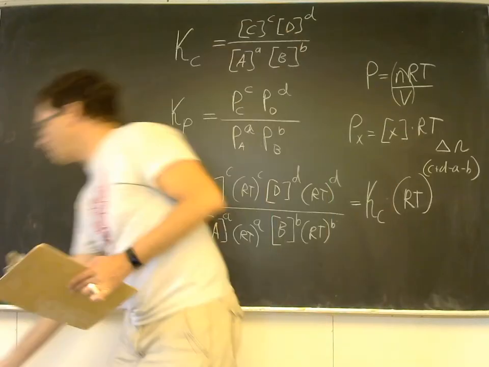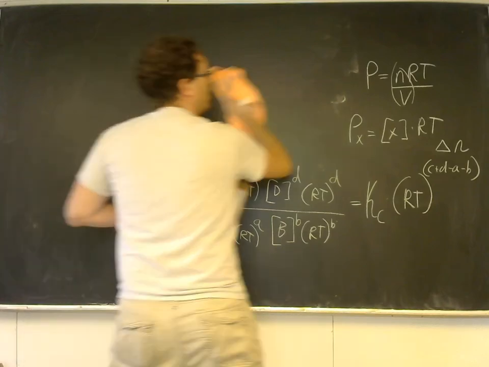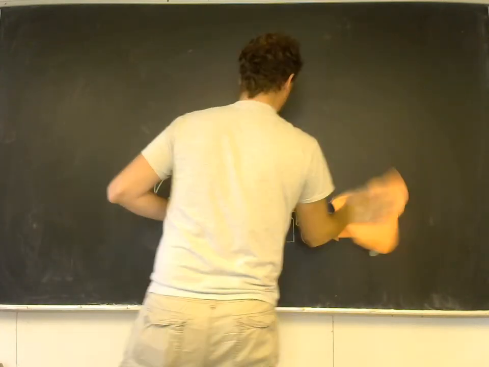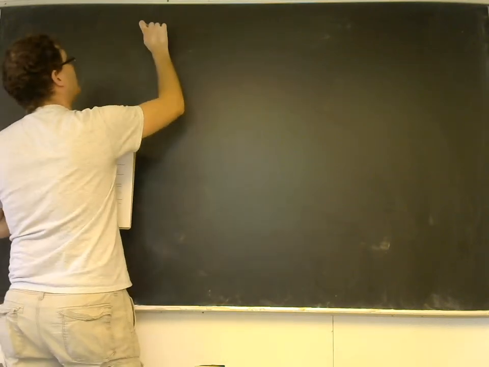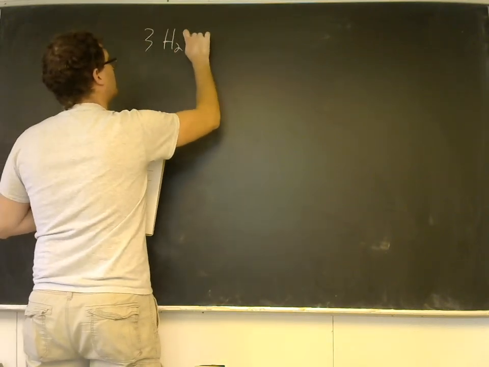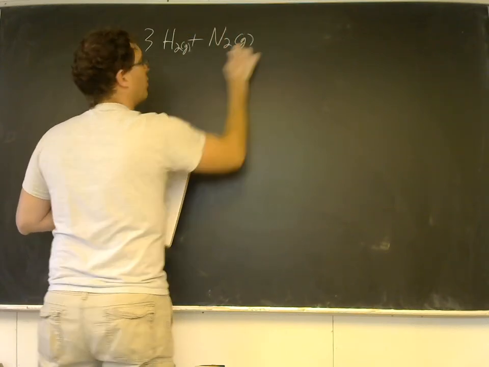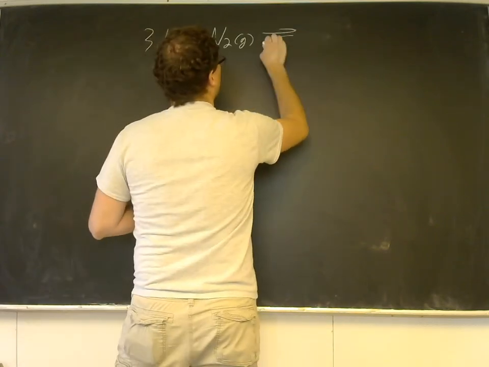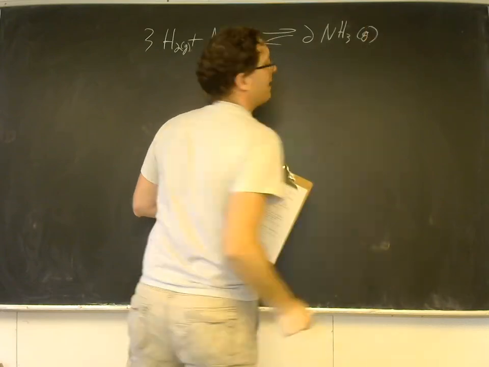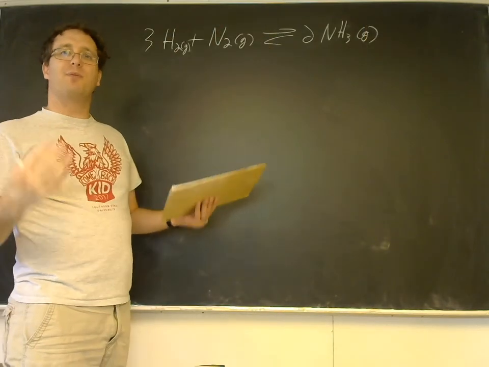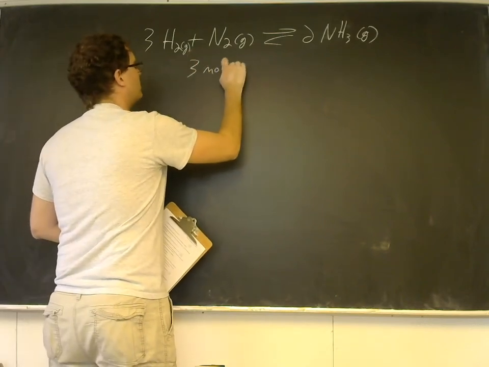Let's look at that in the context of a familiar reaction. So let's go back again to 3H2 plus N2. Phase is important here. Those are both gases in equilibrium with 2NH3, also a gas. Let's count how many moles of gas we have on the reactant side. 3 moles of gas on the left.